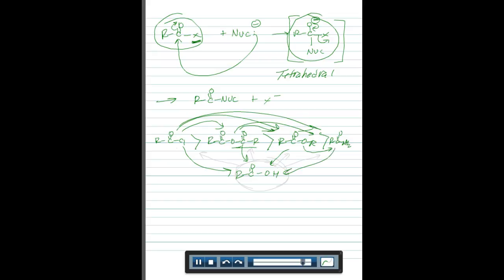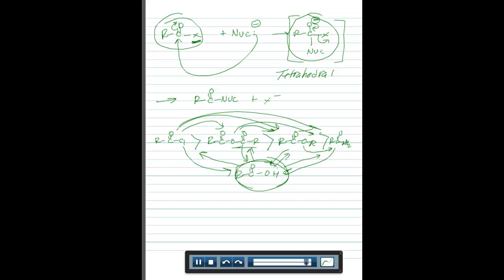Notice everything can make the carboxylic acid. Also, what's special about the carboxylic acid is that it can make everything. So the carboxylic acid is special. It can make all of these, or you can make it from all the other ones.